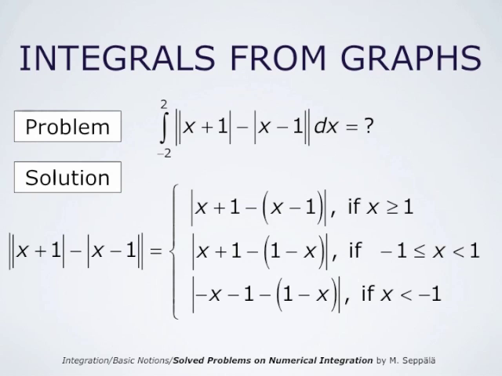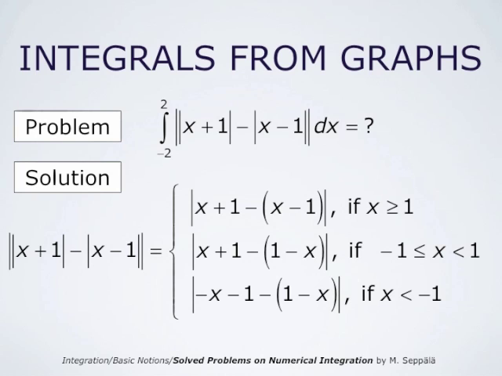And this if x is greater than or equal to 1. If x is between -1 and 1, we get the expression the absolute value of x plus 1 minus, within parentheses, the expression 1 minus x. And if x is less than -1, we get the absolute value of minus x minus 1 minus 1 minus x.